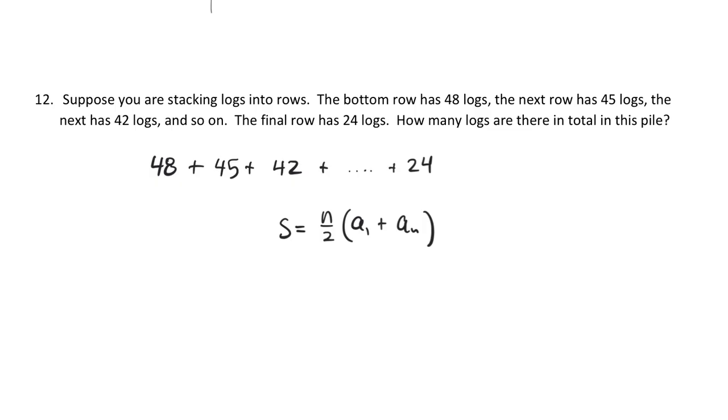using the explicit formula of an arithmetic sequence. So the explicit formula is first term plus n minus 1 times d. Now we know that d is negative 3, and we know that the first term is 48.